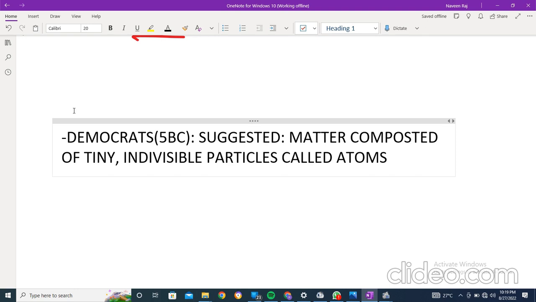So that was the very beginning. He said that everything we are looking around at is matter, and matter is composed of tiny indivisible particles called atoms. In other words, the smallest unit of matter is called an atom, which is indivisible. That was just a suggestion.